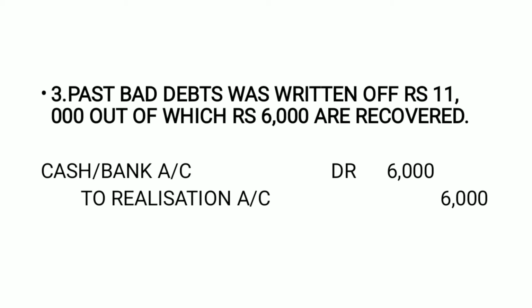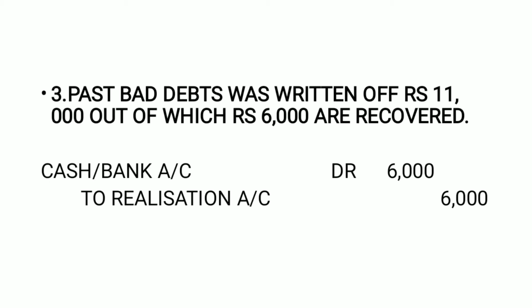And right now, out of the bad debt of 11,000 in the past, at present 6,000 are recovered. So was there any expectation of this recovery? No. I closed that account with 11,000 in the past year with the mindset that I am not going to recover this.